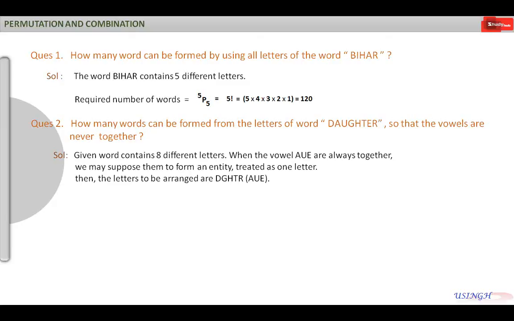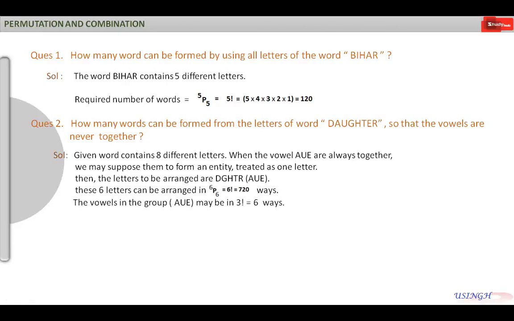So now it comes to six letters: five consonants and this group of vowels. We apply the same formula here. This is nPn, because the number of letters is 6 and r is also 6. So it is n factorial, meaning 6 factorial. The answer is 720 ways.